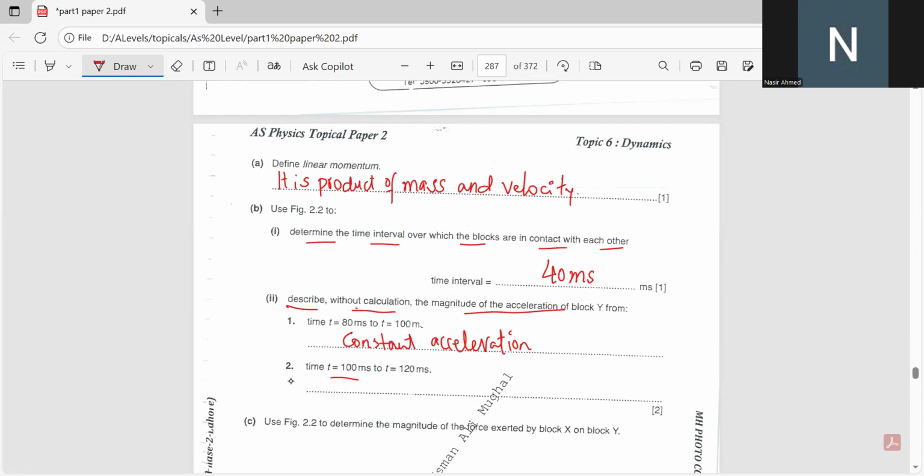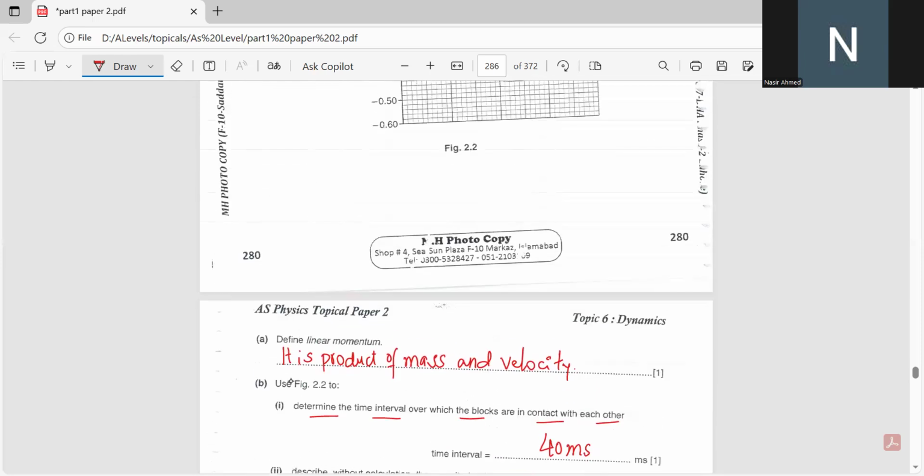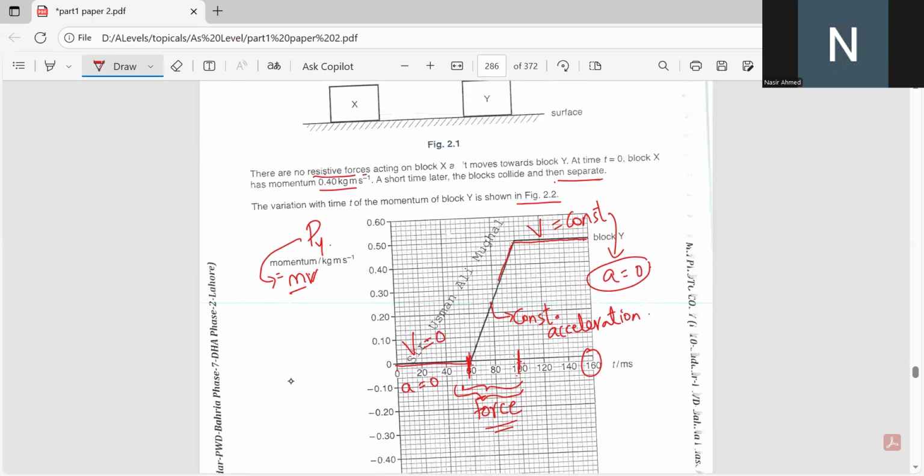And what about the time 100 milliseconds to 120 milliseconds? We are just going to say that there is zero acceleration. So acceleration will be equal to zero. Is this understandable? We told this by reading out from the graph. This graph is not a velocity time graph, this is a momentum time graph. So for a momentum time graph we will take the same meaning regarding acceleration that we take for a velocity time graph.